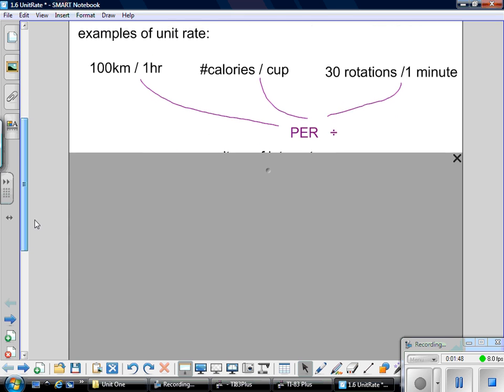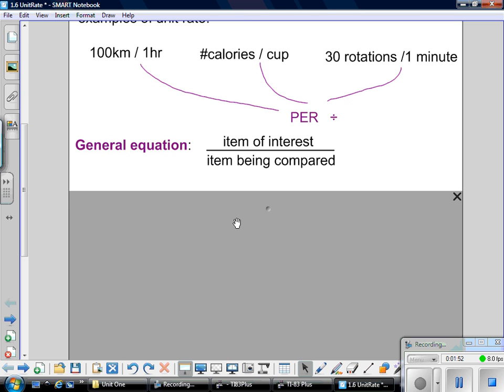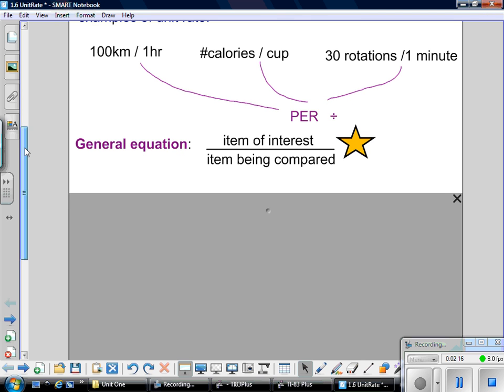So what we're looking at is a general equation: the item of interest, in this case kilometers, calories or rotations, divided by the item being compared. Now the item being compared is always one: 1 hour, 1 cup, 1 minute. This is really important when we're talking about a unit rate.